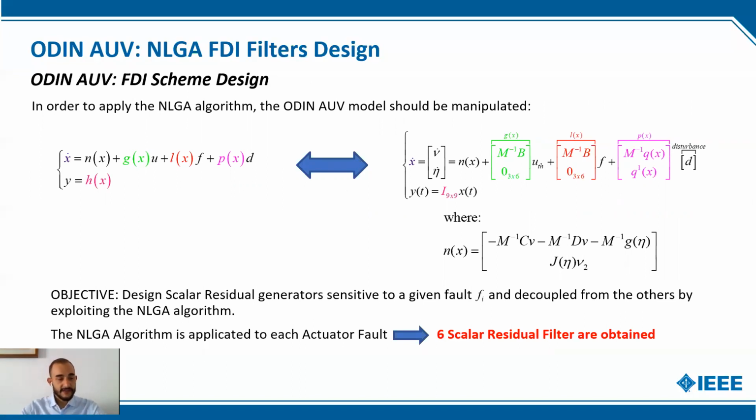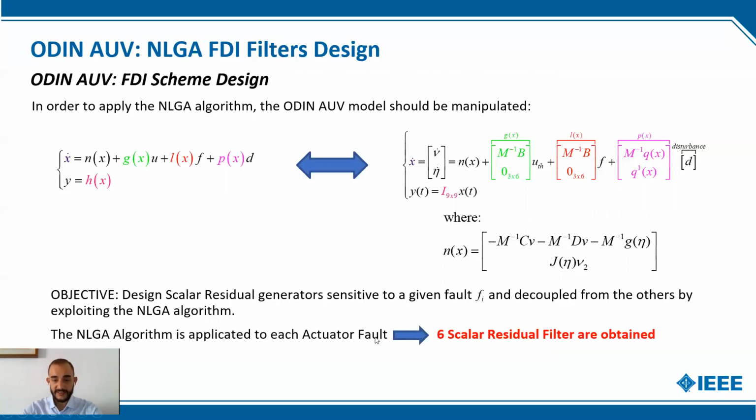Of course, the objective is to design scalar residual generators sensitive to a given fault and decoupled from the others. This means that the nonlinear geometric approach algorithm is computed for each actuator fault. So at the end of the computation, we get 6 scalar residual filters that will compose our dedicated residual set.